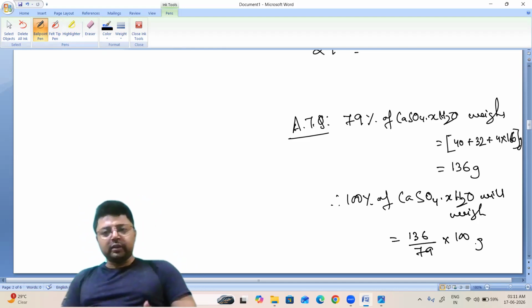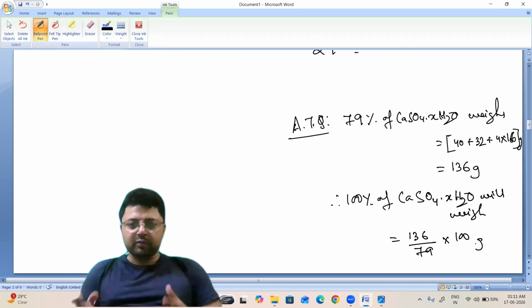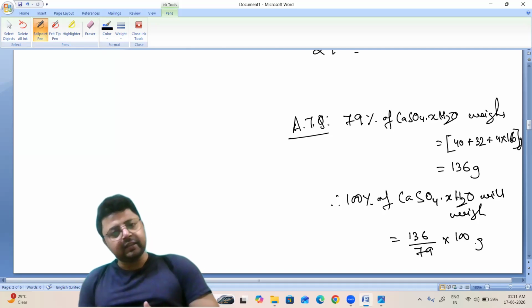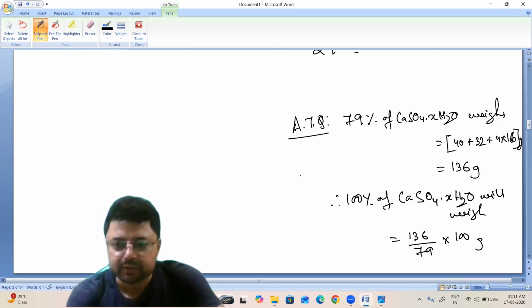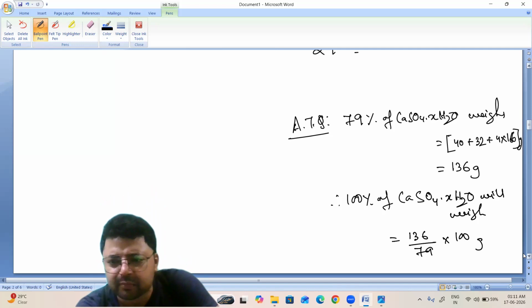Now, if you are doing this in your exam, you will find it very difficult, because 79 is a prime number. That means none of them will get cancelled by 79.